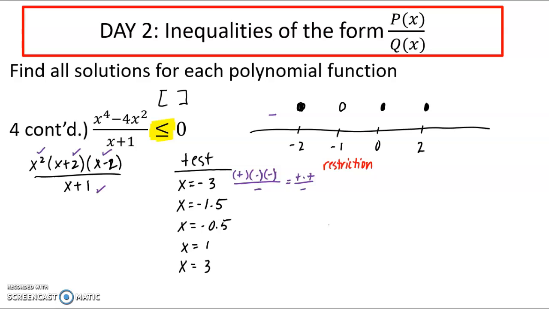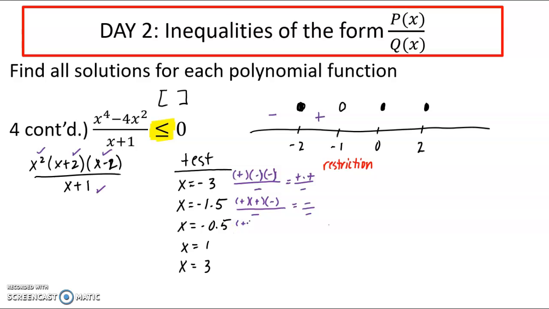All right, negative 1/2 into my first factor, that'll be positive. Negative 1/2 plus 2 is positive. Negative 1/2 minus 2 is negative. Negative 1/2 plus 1 is negative. So that gives me a negative numerator divided by a negative denominator. So it makes my next interval positive.